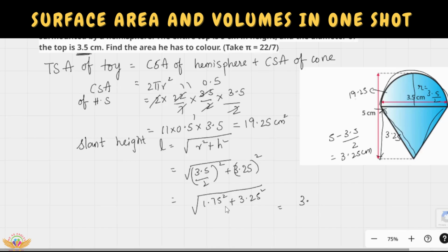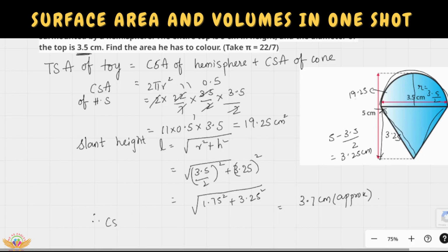So 3 plus 2 is 5, right? So root of 5. If you take 4, root 4 is 2, so it is nearby like 5 to 6. I'm going to take it as something like 3.7. So I'm taking it as approximately and writing it here.